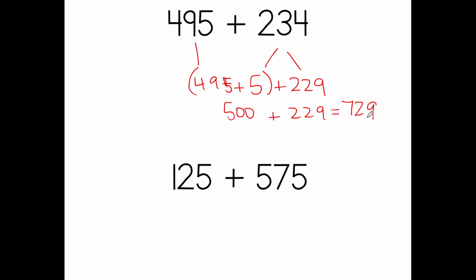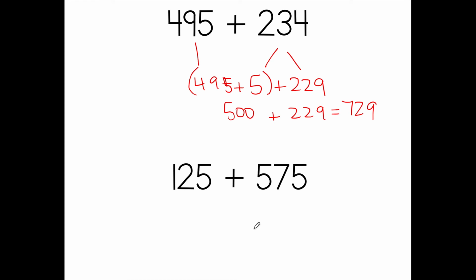Okay, now this one is pushing it. Probably students are not automatically going to see a friendly number here. So that's why I think it's important for you to tell them, now look, all of these problems that I'm giving you when we're working topic 8 are going to be mental math problems. So I want you to look for the way that you can do it mentally.